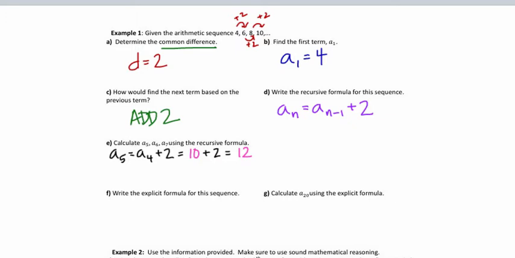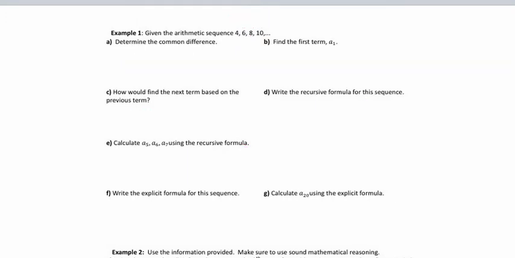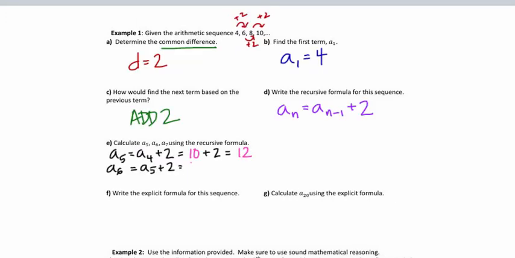We can do the same for the next term. So the 6th term is going to be a sub 5 plus our common difference. And we just figured out that our a sub 5 is equal to 12, so this is going to be 12 plus our common difference again, which is 2, so that means our answer is going to be 14.